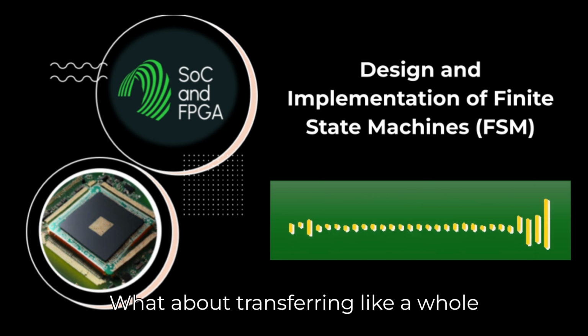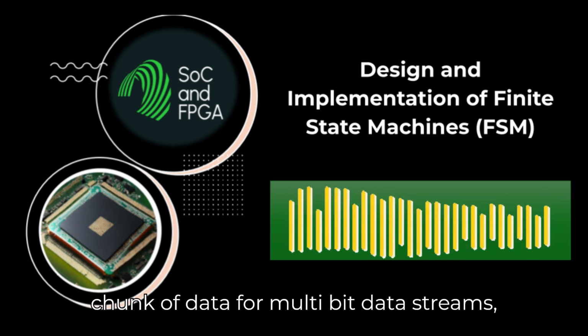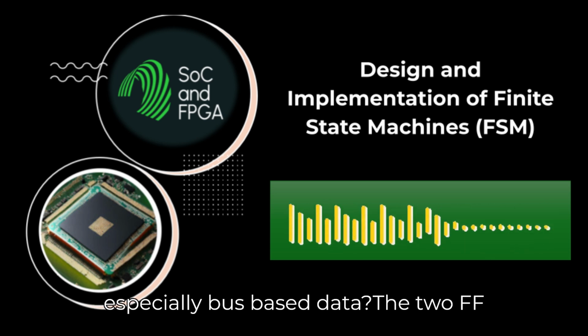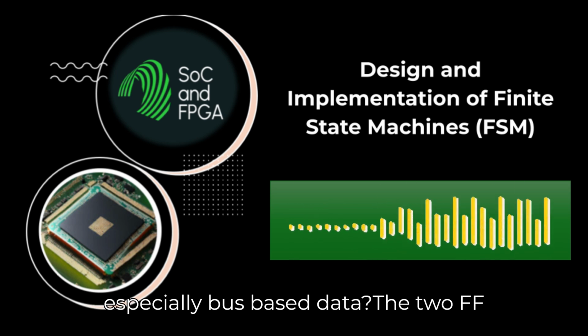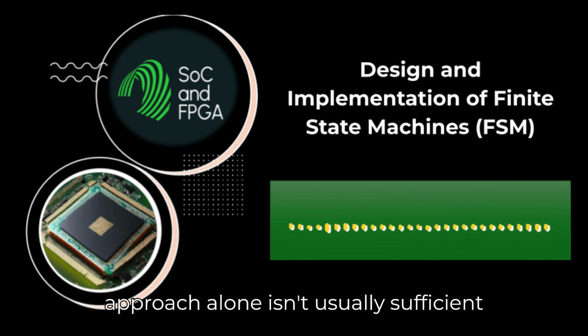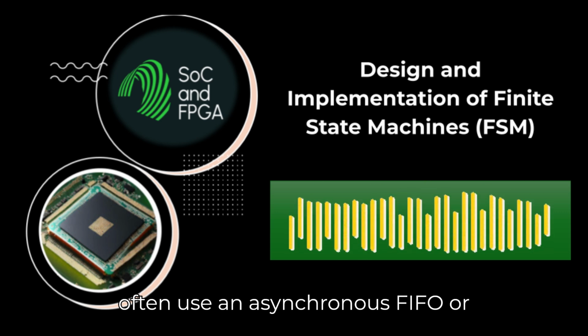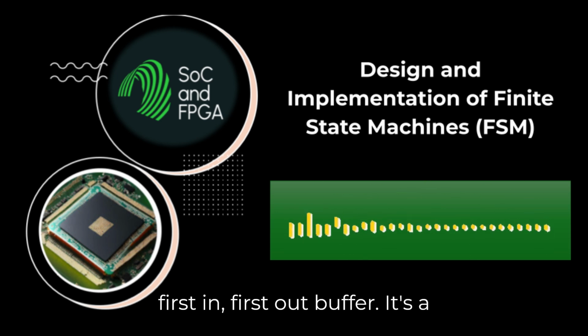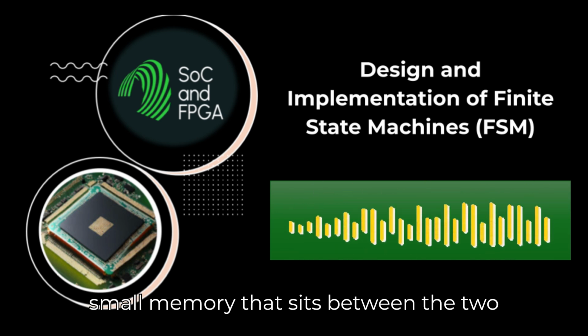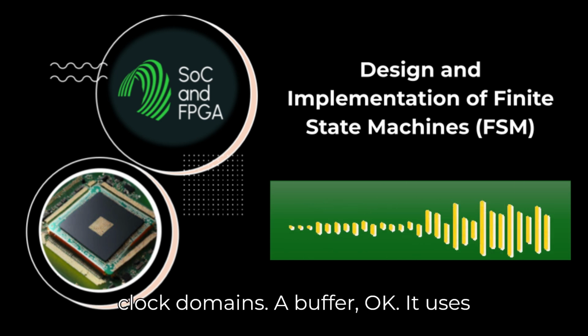Okay, that's for single bits. What about transferring like a whole chunk of data? For multi-bit data streams, especially bus-based data, the 2FF approach alone isn't usually sufficient because different bits might arrive at slightly different times. For that, we often use an asynchronous FIFO, or first-in, first-out buffer. It's a small memory that sits between the 2 clock domains. A buffer, okay.